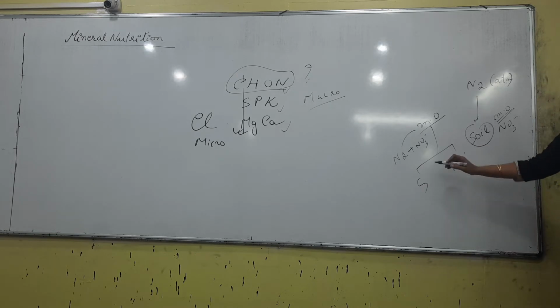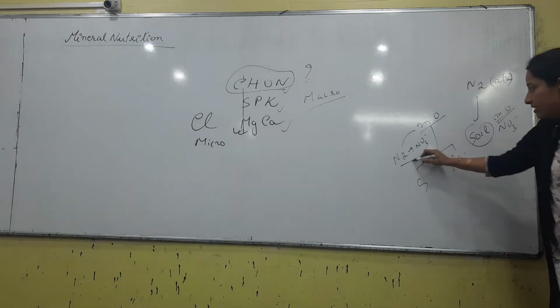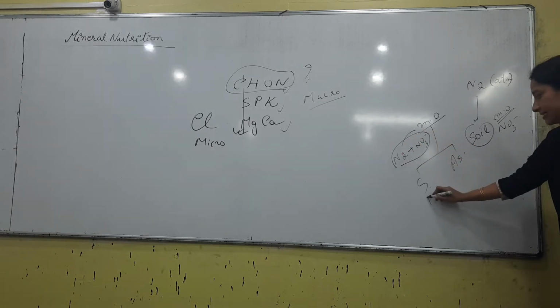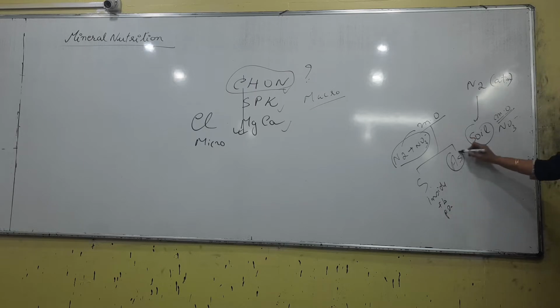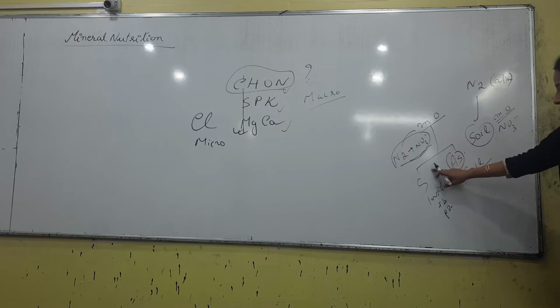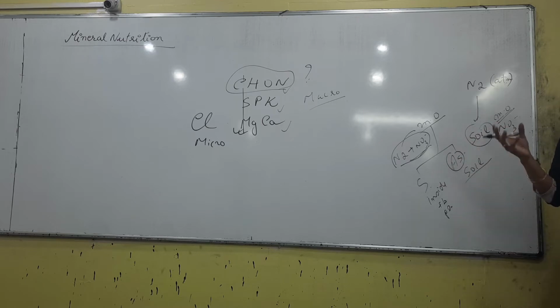asymbiotic. If it is symbiotic, this process occurs inside the plant, right? If they are asymbiotic, this process occurs in the soil. Nitrate code form koribo asymbiotic soil, symbiotic nitrate code form koribo because that microorganism itself is inside the plant body.